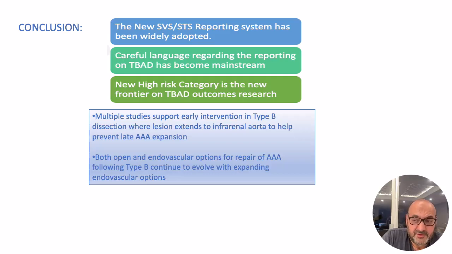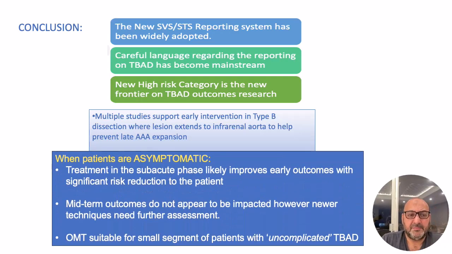You have to be aware of the new high-risk features. There are multiple studies showing that intervention for the below-renal aorta with devices such as dissection stent has good outcomes and decreases expansion of the aorta infrarenally, and the techniques are still evolving for both open and endovascular.